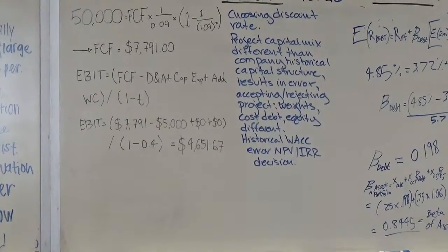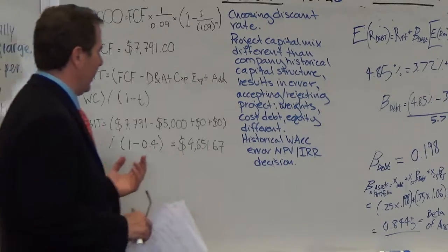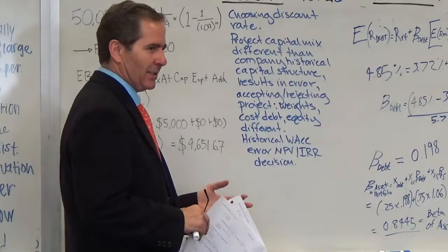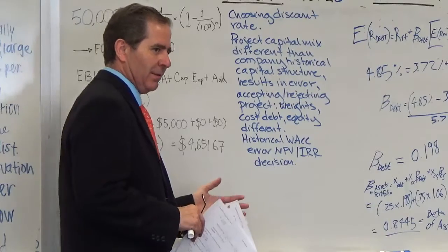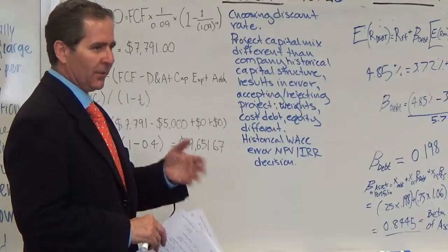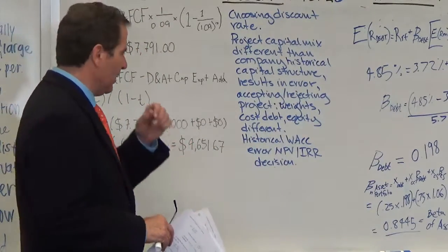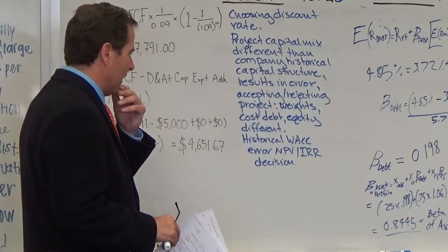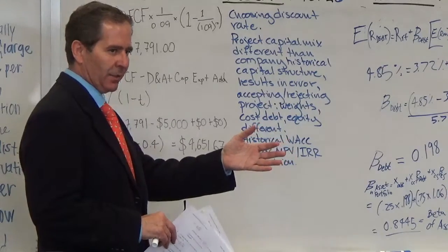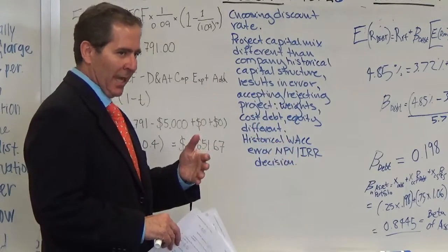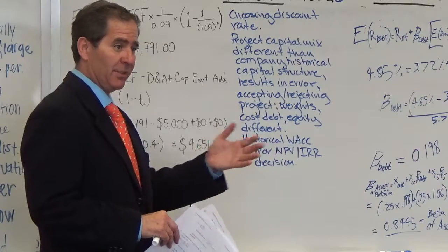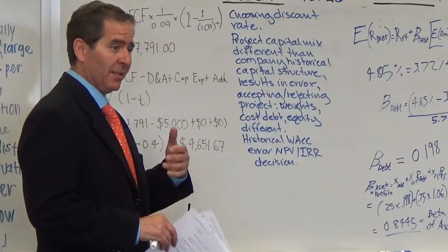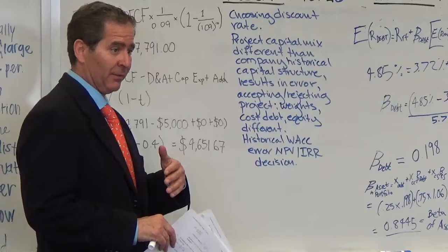And then I had 1326, which talked about choosing discount rates. And they're looking at the difference between the project that has a different capital mix than the firm's historical capital structure. And really what the question and the answer is, is that when you're using historical capital structures, the current capital structure may be different because it changed, so the weights are different, and the cost of the debt and the cost of the equity is different too.